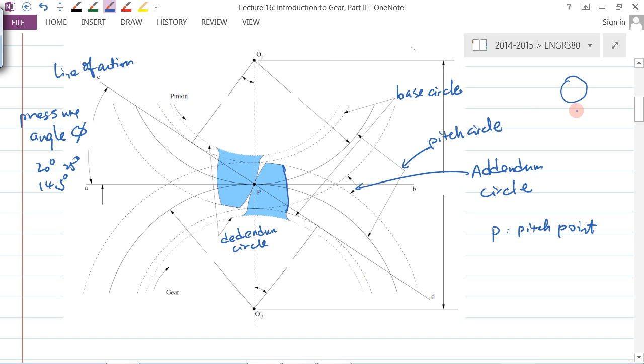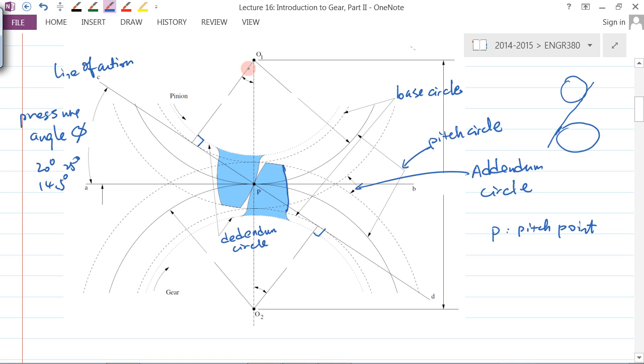You have two circles, these are the two base circles, then you draw a line of action, and the circles are tangent to this line. Tangent basically means that if you connect the origin of the circle to the tangent point, geometry-wise, it's 90 degrees. Same thing here, 90 degrees.